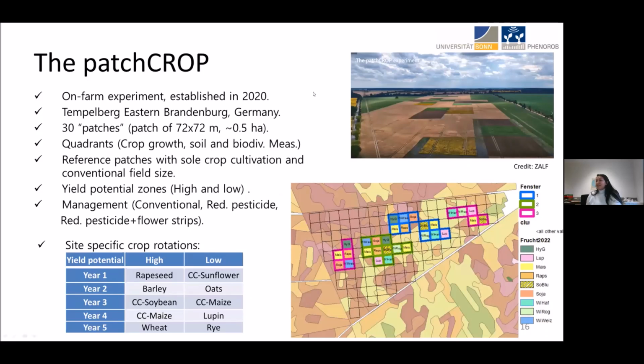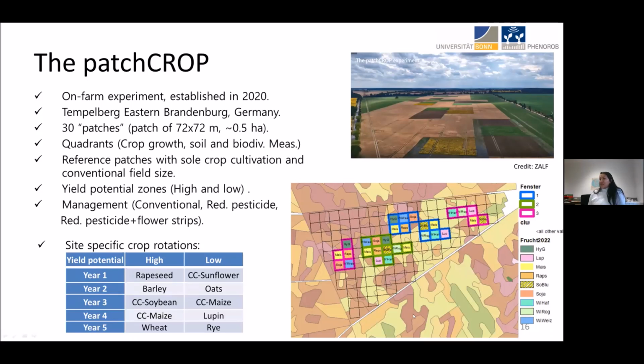So, the patchCROP, I'm sure you have all heard of it till today, but just to give you a bit of a refreshment on it, this experiment is a non-farm field experiment located in Eastern Brandenburg in Tempelberg, and basically we have an arrangement of 30 patches.